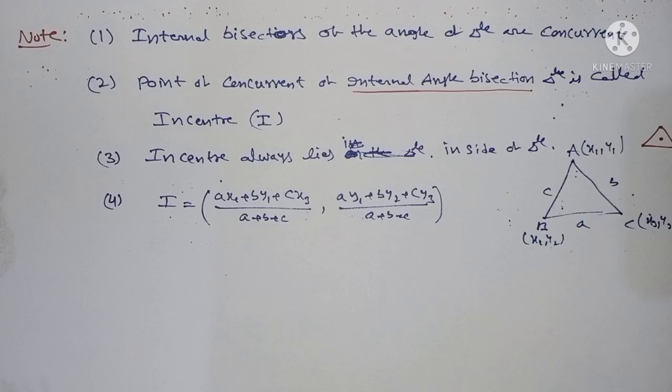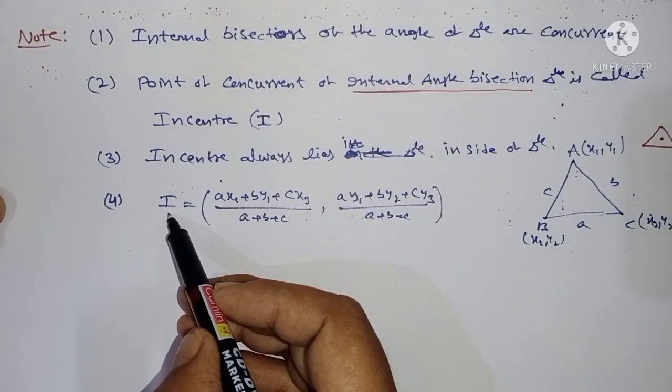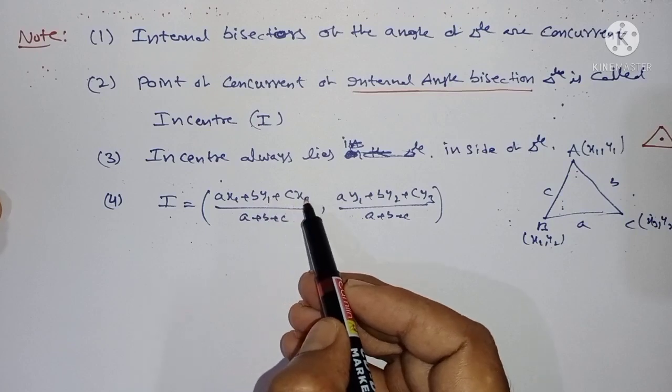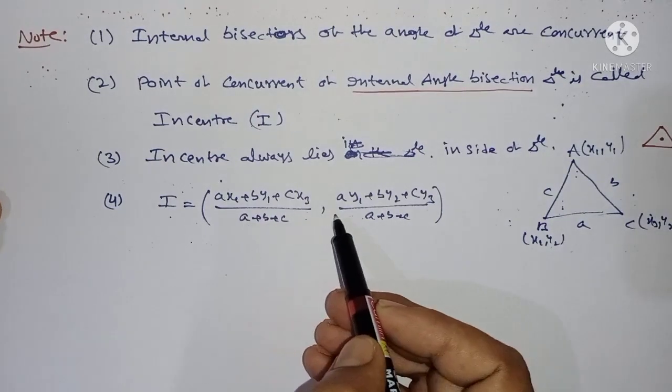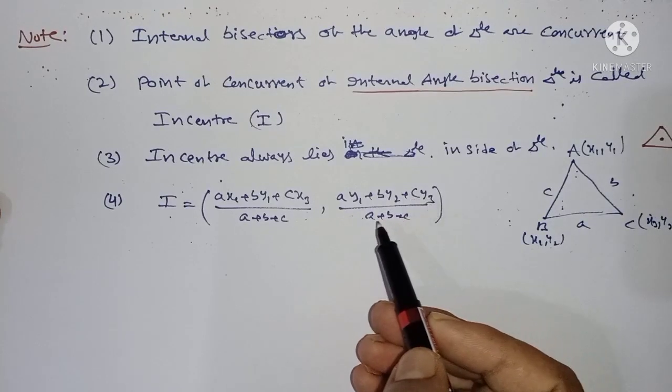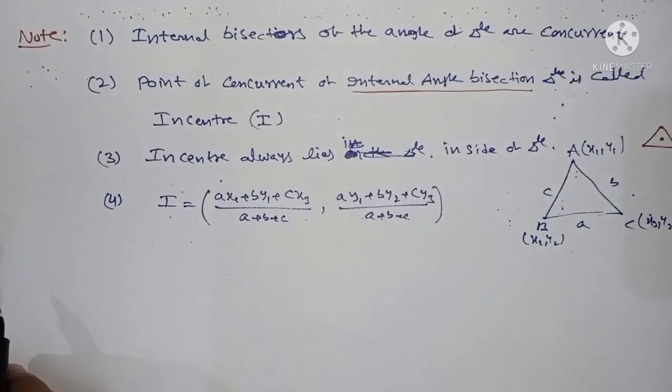The formula to find the incenter is (ax1 plus bx2 plus cx3) by (a plus b plus c), comma, (ay1 plus by2 plus cy3) by (a plus b plus c).